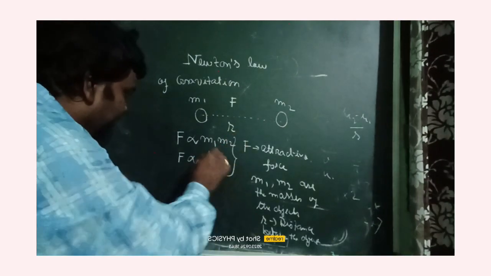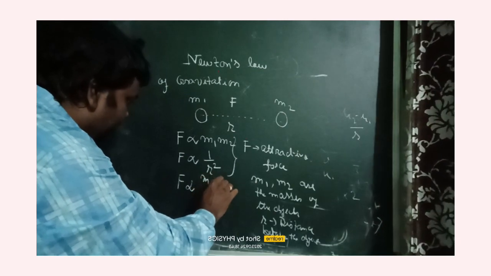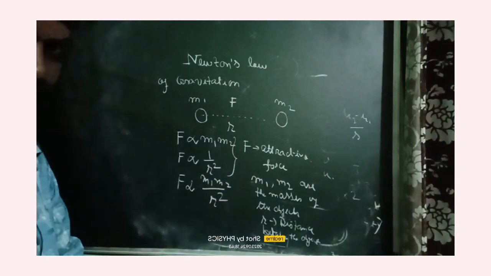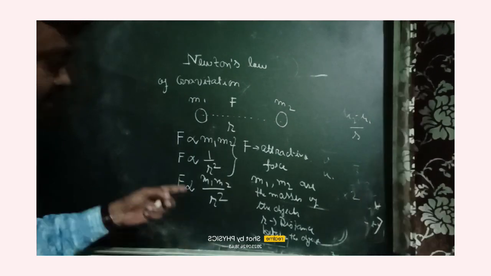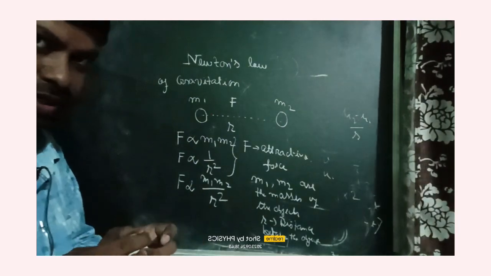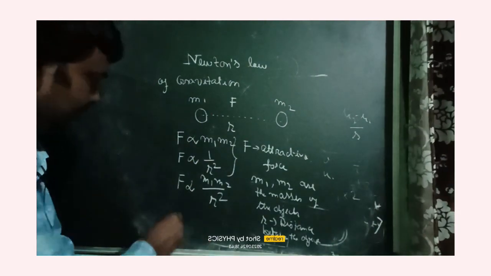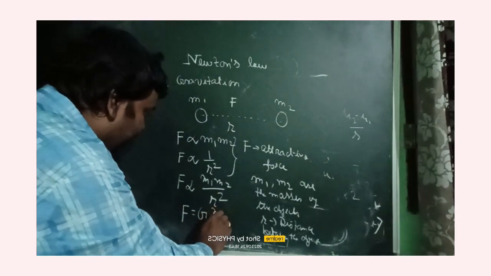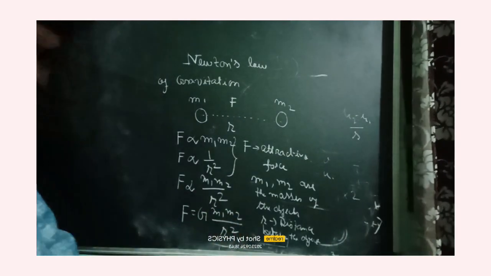Combining them, we have F is proportional to m1 m2 by r square. Now, if we want to remove the proportional sign, we should introduce a constant. That constant is G, that is, F equals capital G m1 m2 by r square.